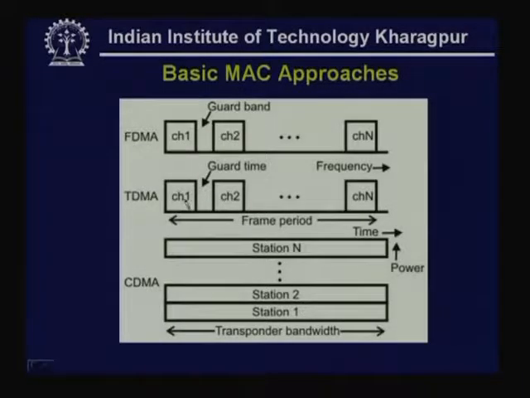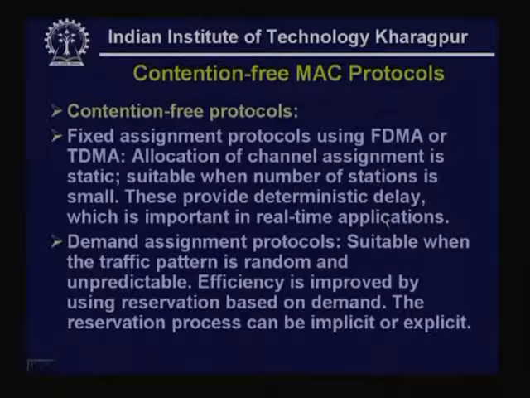So, synchronization is necessary, and there is a possibility of collision in TDMA, but that can be resolved. And another approach that can be used is CDMA, where it is possible to have parallel communication using the same channel and at the same time, and as you can see, n stations can communicate with each other. So, CDMA, TDMA and FDMA, these are all used in satellite communications.